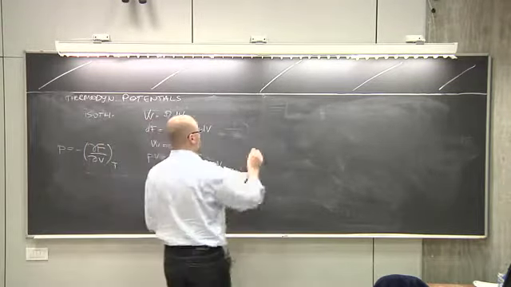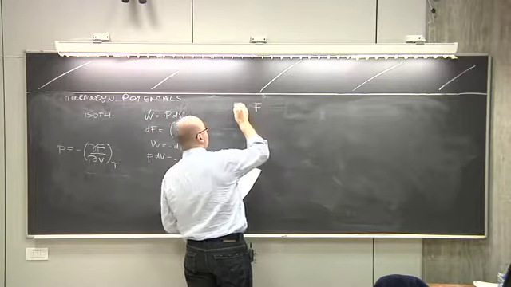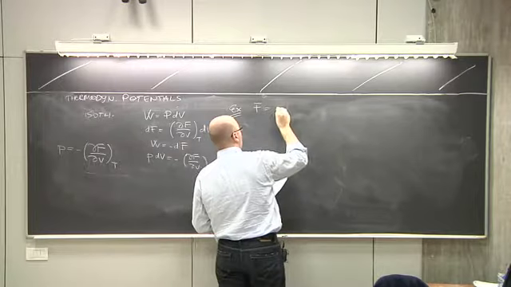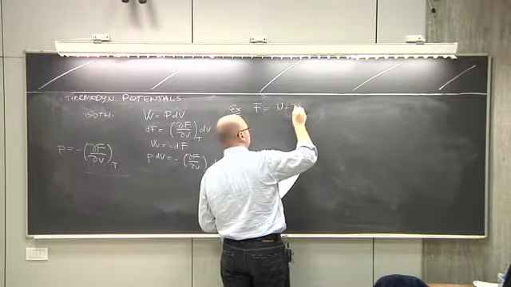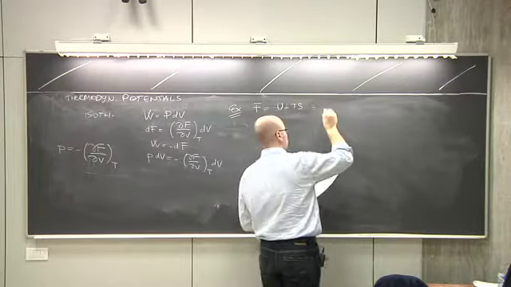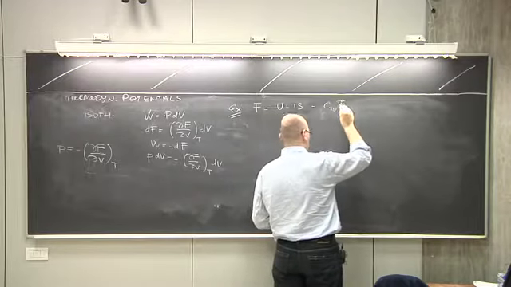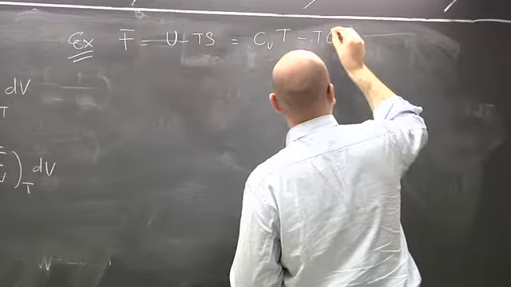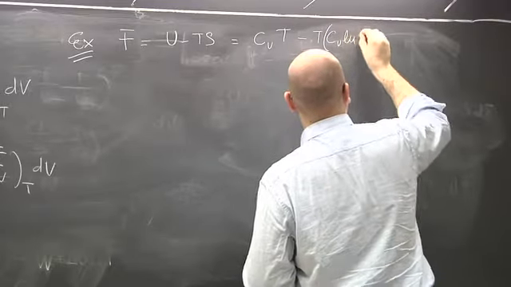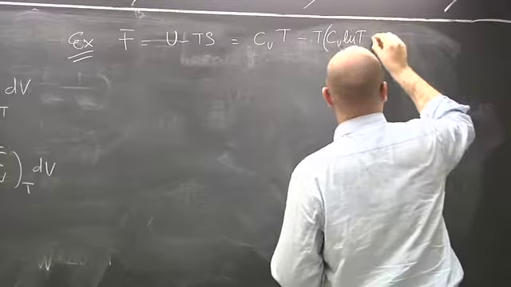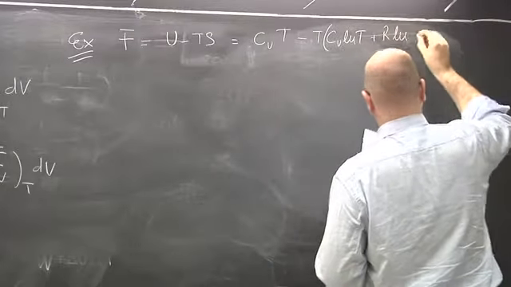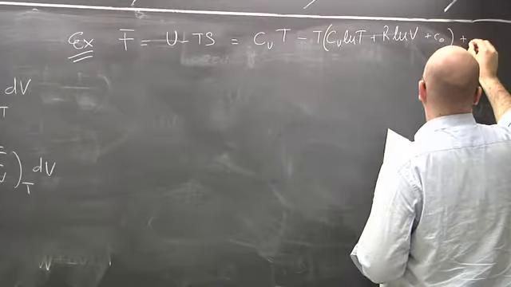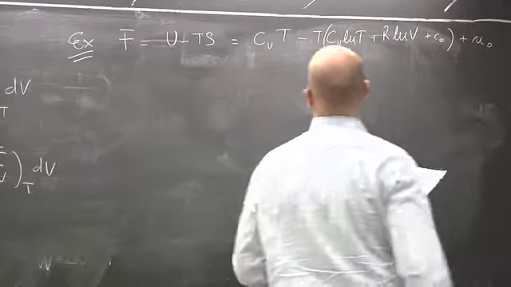So for example, again, for an ideal gas, by using U minus TS as an expression, we find that F is Cv T minus T, Cv T plus R log V plus a constant, plus another constant U0.